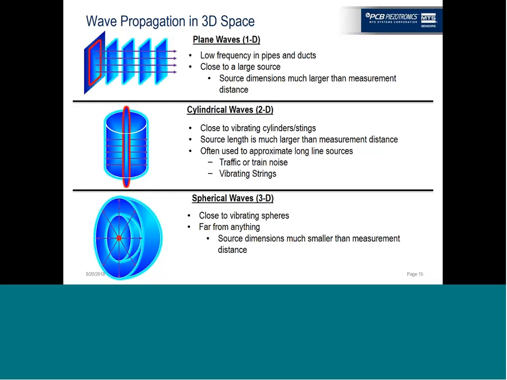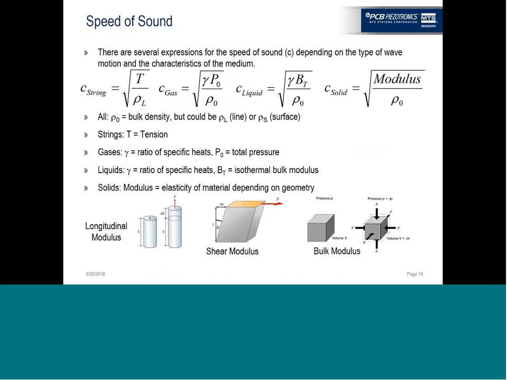And this happens when we generally get in the far field from any type of source. And again, the source dimensions are usually much smaller than the measurement distance when we're talking about spherical waves coming off of point sources or spherical sources. And in fact, there are a lot of different builds for various spherical sources out there, and they're very good for test builds for doing testing in noise chambers.